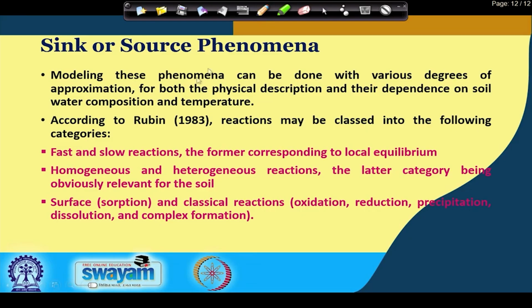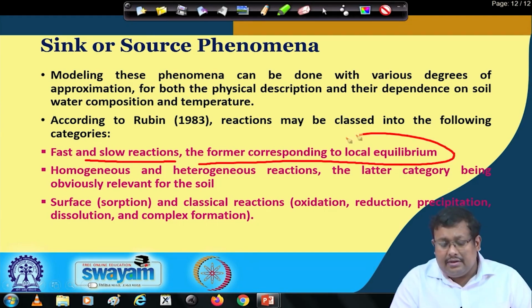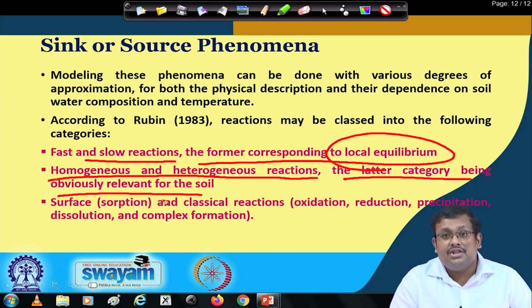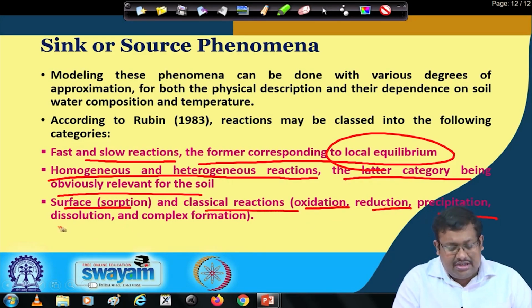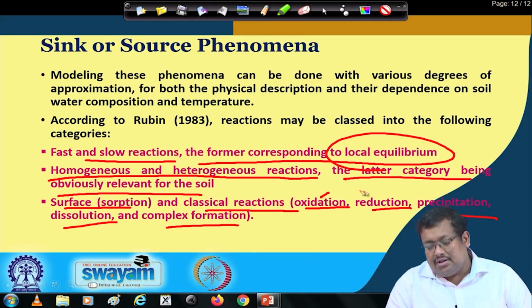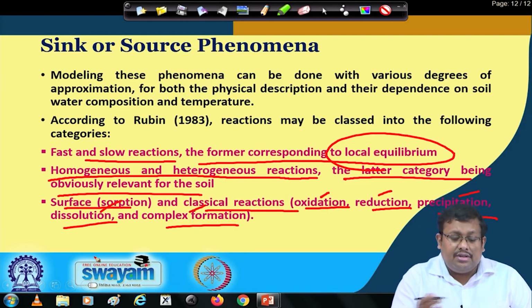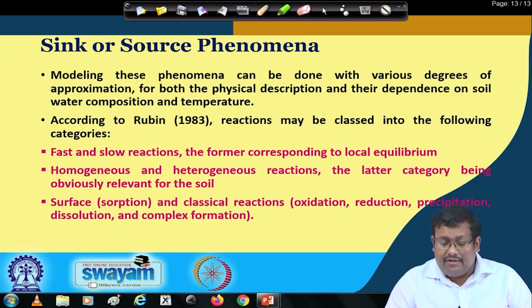We can see there are fast and slow reactions, the former corresponding to local equilibrium, homogeneous and heterogeneous reactions, the latter category being obviously relevant for the soil, and surface sorption and classical reactions, that is oxidation, reduction, precipitation, dissolution and complex formation. So, these are different types of sink and source phenomena we can see encountered in pollutant fate and transport.